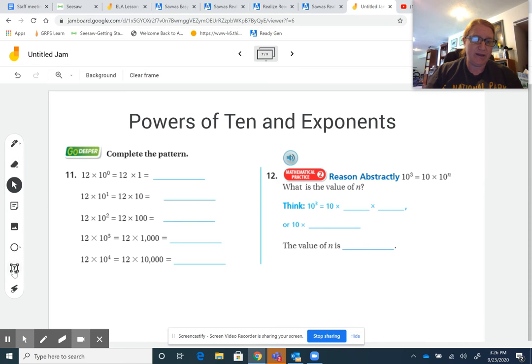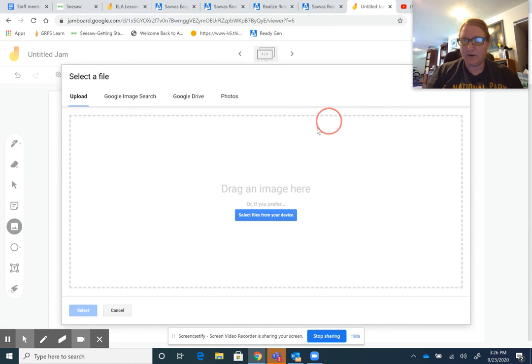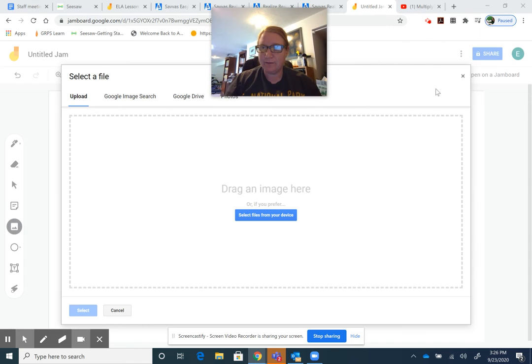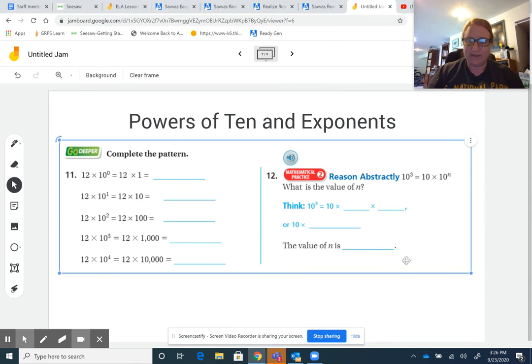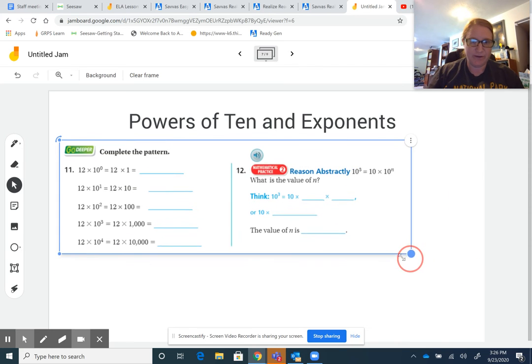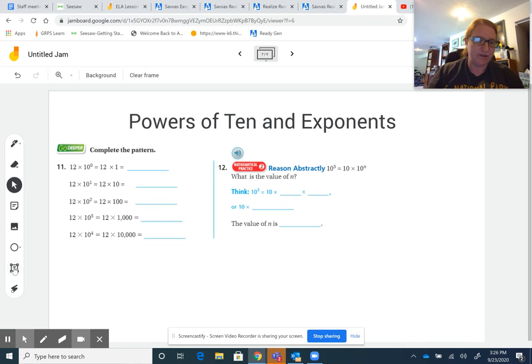So let me make a nice little chart. I wanted to make this a little bit smaller. Here we go. All right, so let's make a little chart over here.